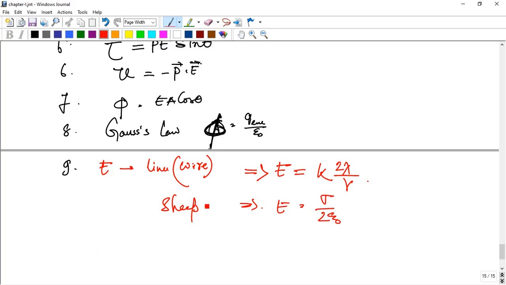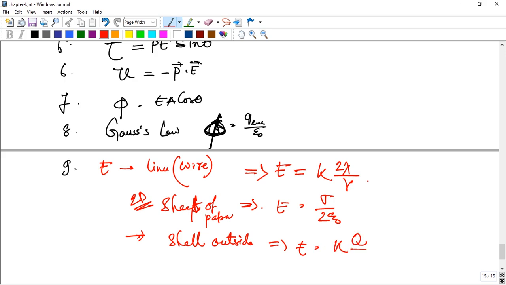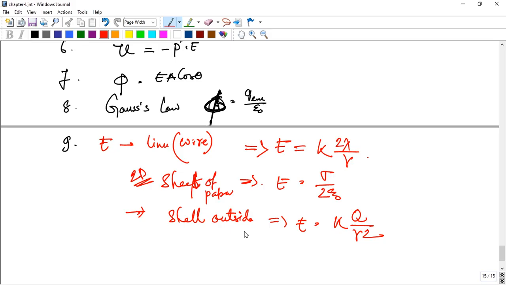Here it is only a surface, 2D. And third and final is the spherical shell, outside: E equal to KQ by R square. That's our basic Gauss's law and its applications.